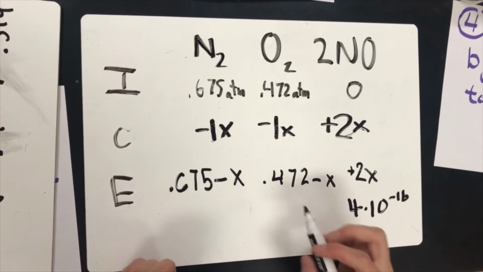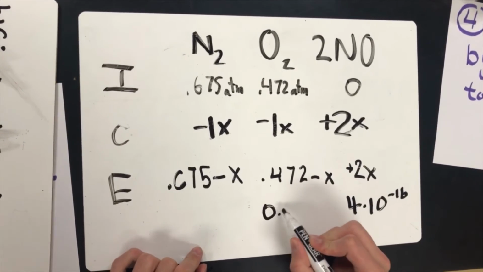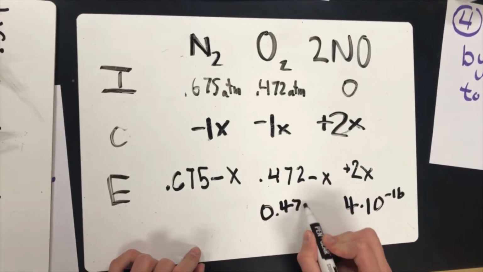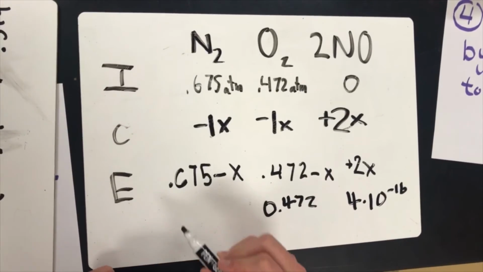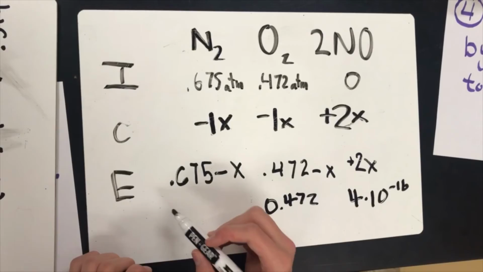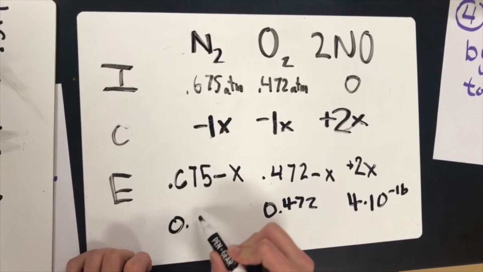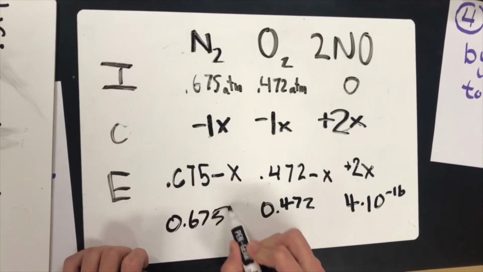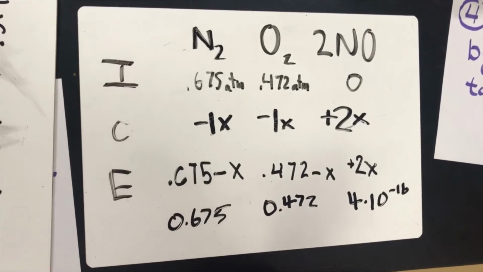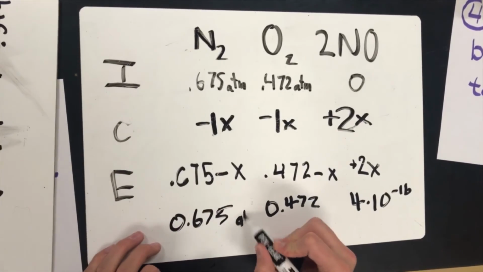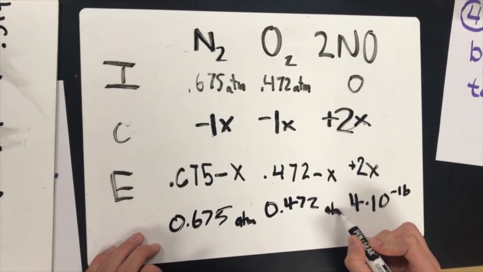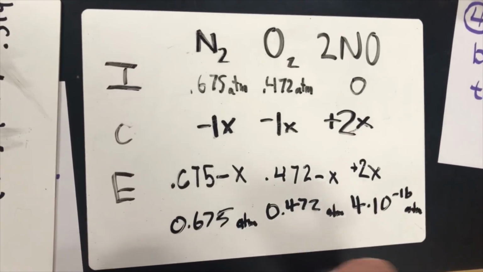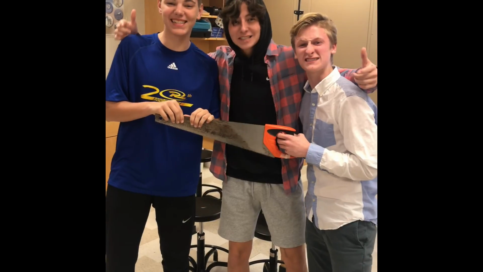The O2 is going to be equal to 0.472, and the N2 is going to be equal to 0.675 atm, and these are all in atmospheres. And that's your final answer. That's how you do an ICE table!